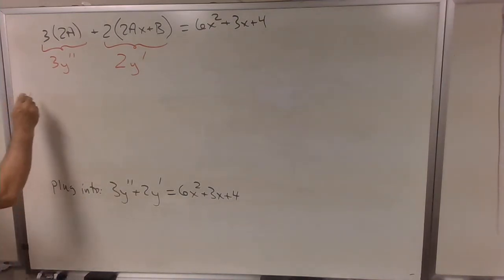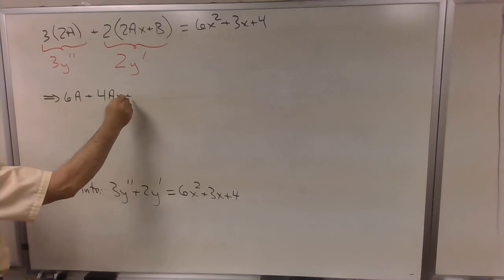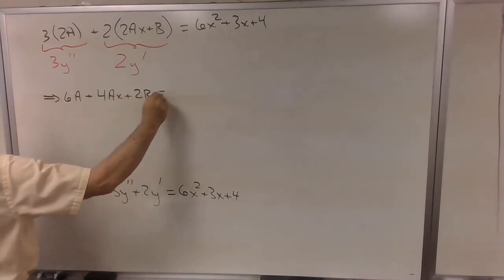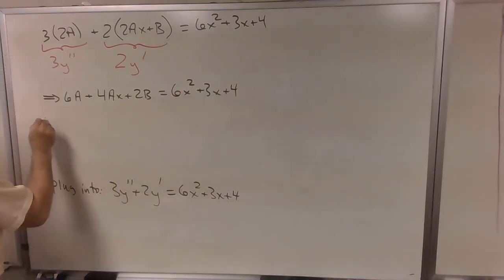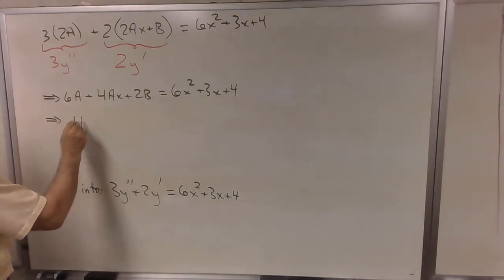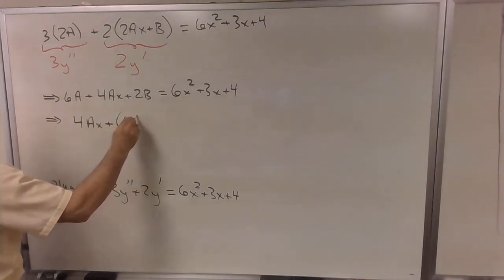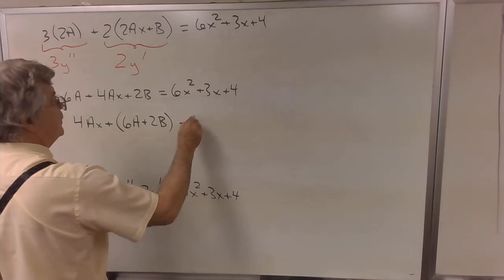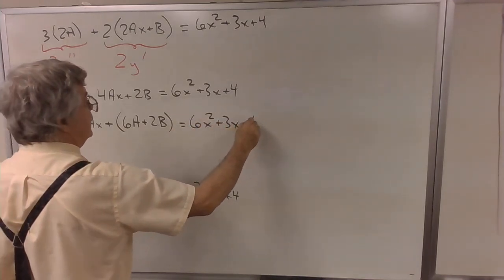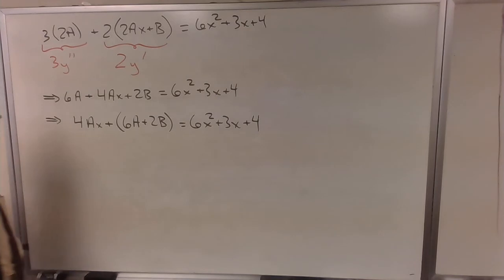And we simplify. So we have an x term here, and our constant term is 6a plus 2b. And we compare coefficients.